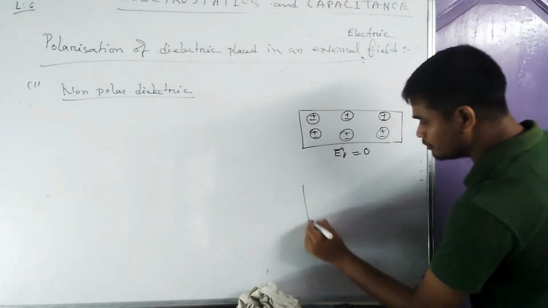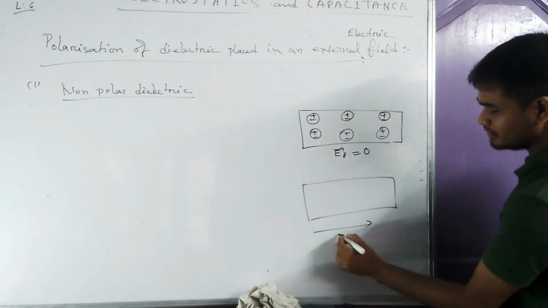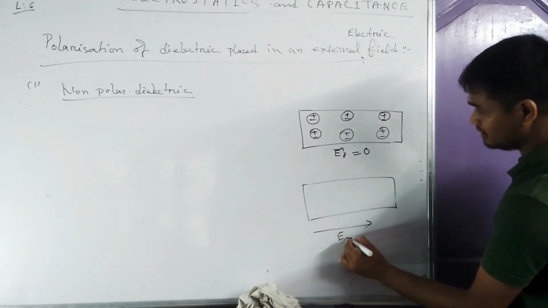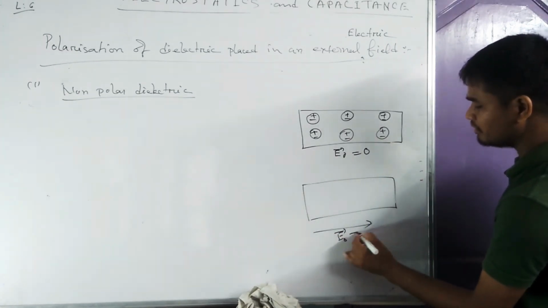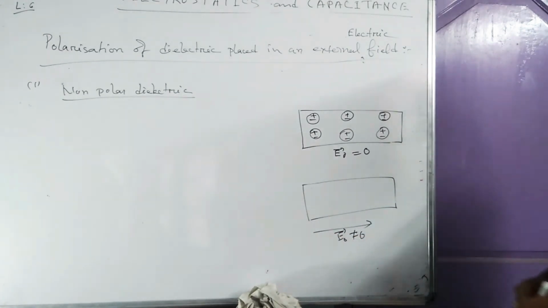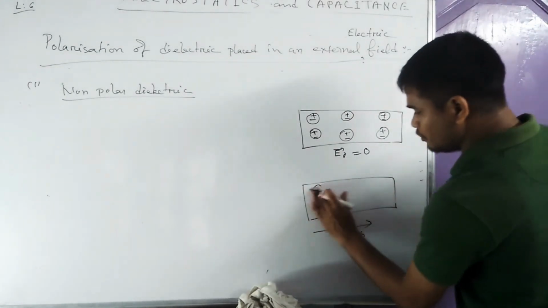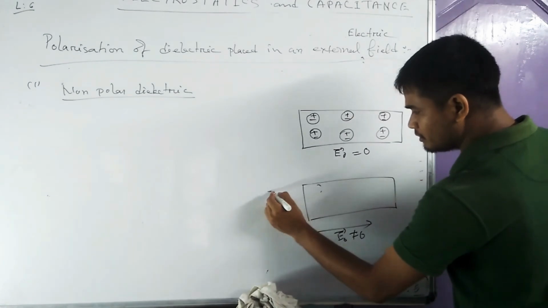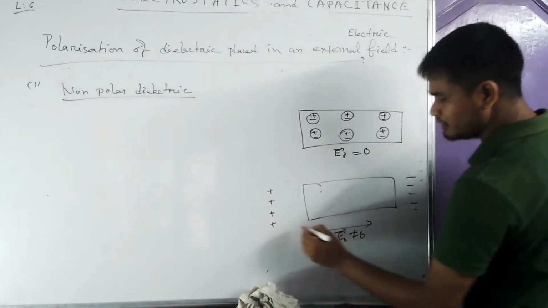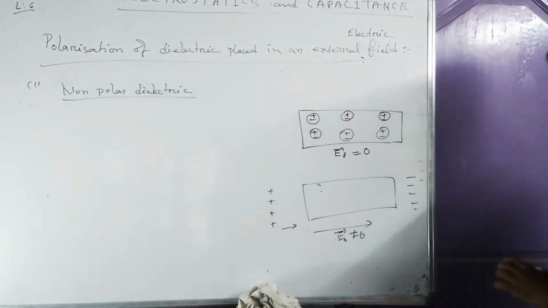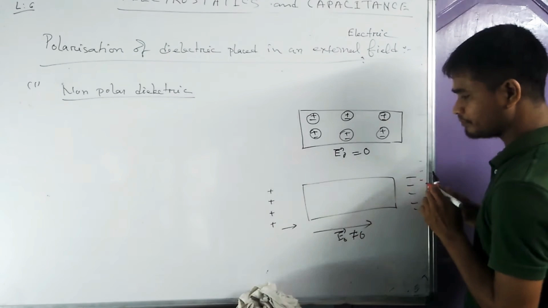Now we will apply an electric field, as we already discussed in the earlier topic, when E naught is not equal to 0. These are the plus, these are the minus, and this is the direction of the applied electric field. Now what will happen?